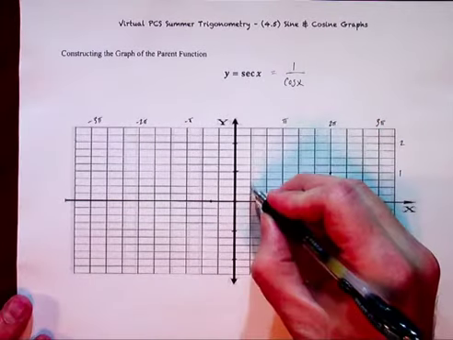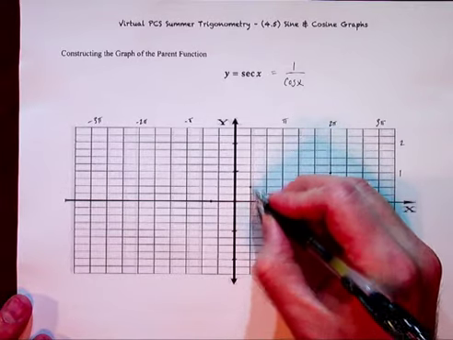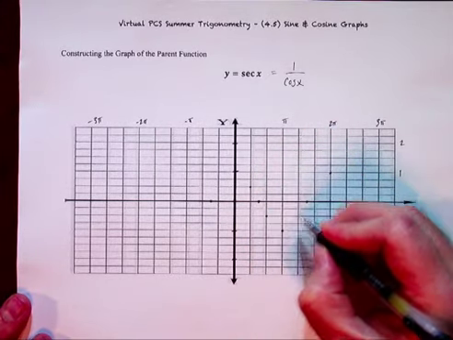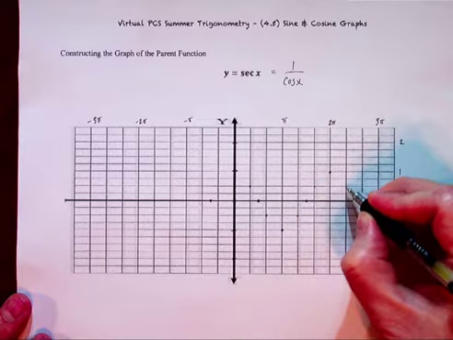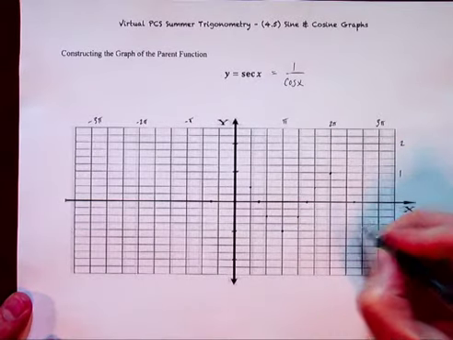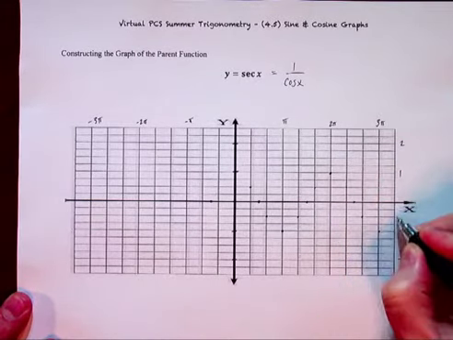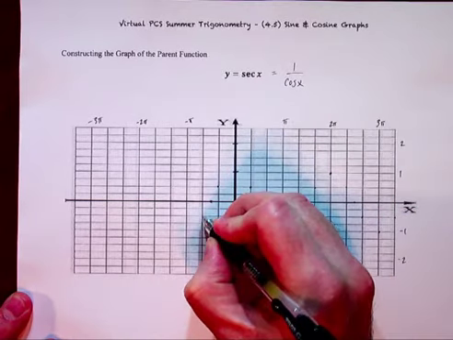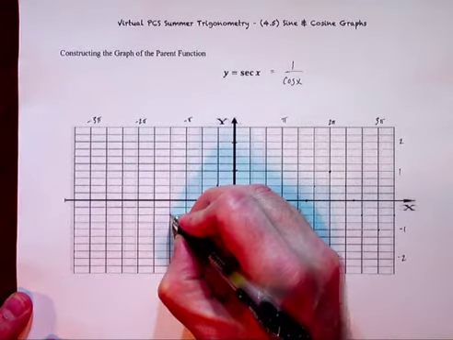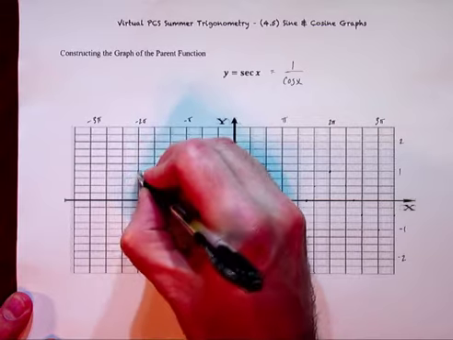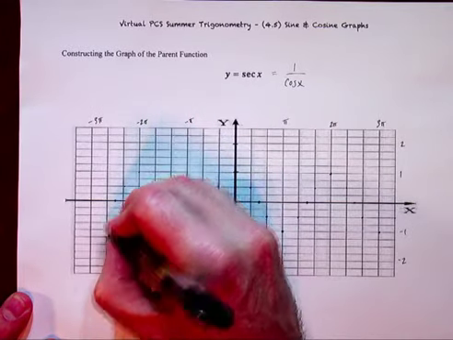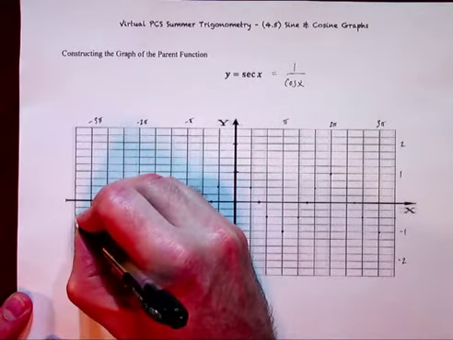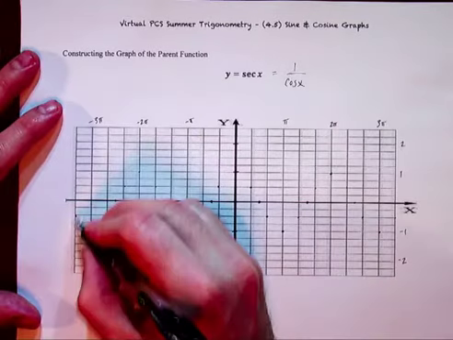Now, we know at pi over 3 it's 1/2, and of course that's the value that winds up being really helpful and convenient for graphing cosine. And so we're going to use those values to get ourselves a reasonable graph of cosine.